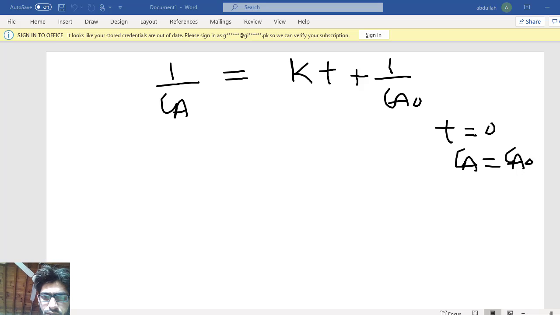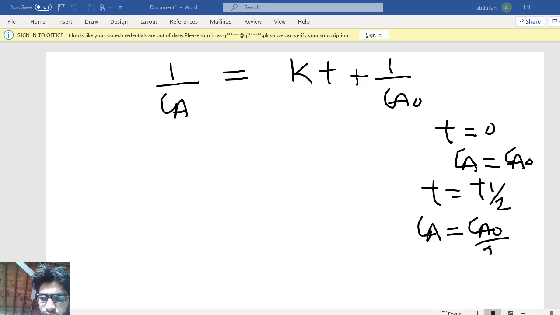Now what will be the concentration when time reaches the half-life? The concentration will be half of the initial concentration, so C_A reaches half of the initial concentration at a time equal to the half-life of the reaction.